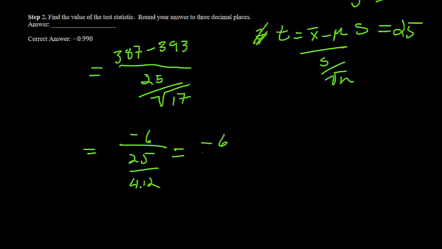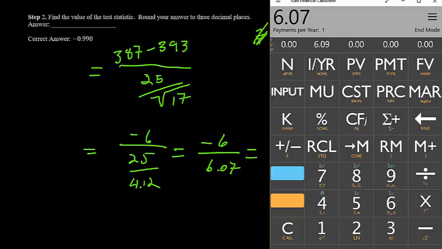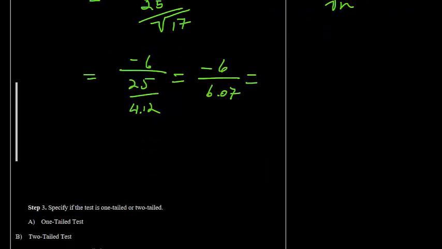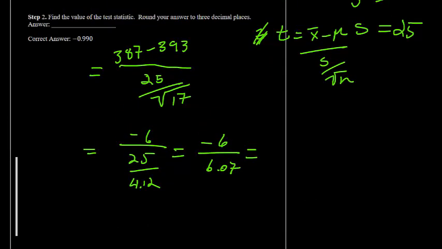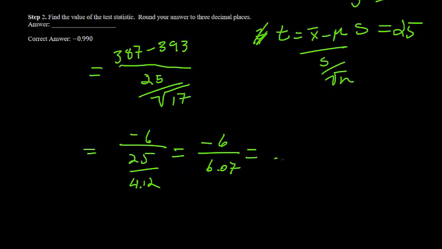So this is equal to negative 6 over 6.07. And that should give us something like 0.9 something or other. 6 divided by 6.07 is equal to 0.99. So this is negative 0.99. And that's our correct answer.